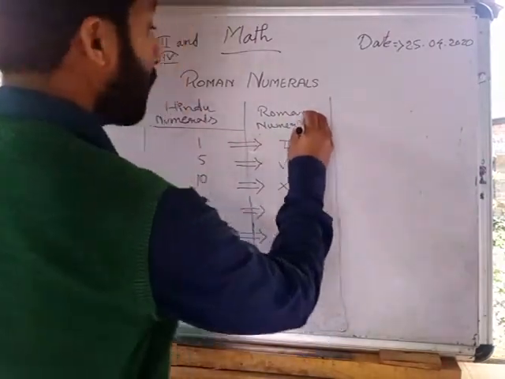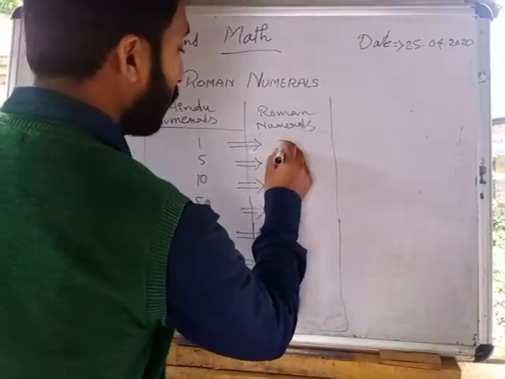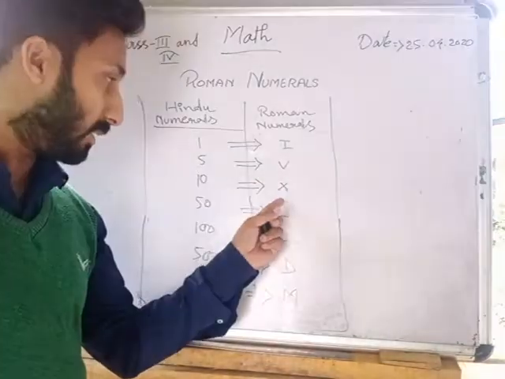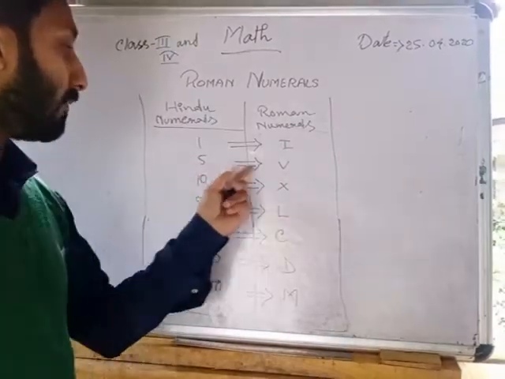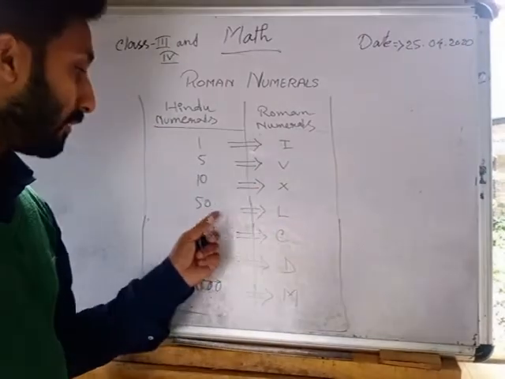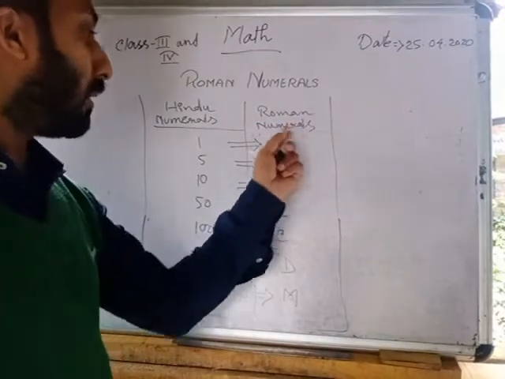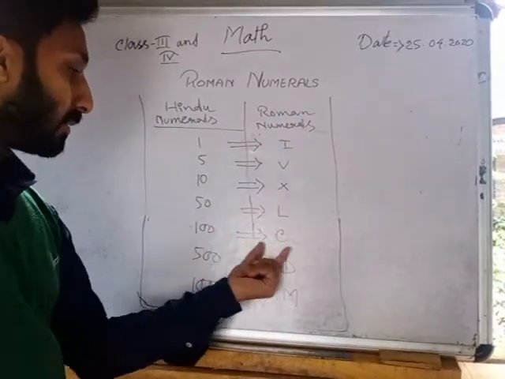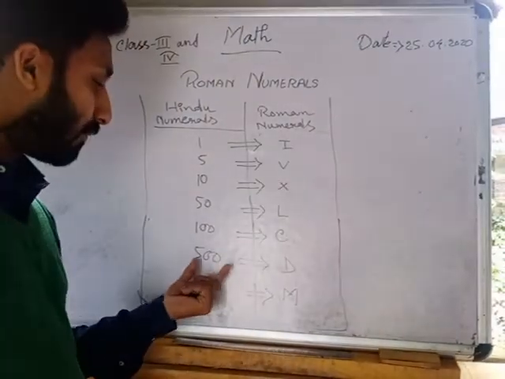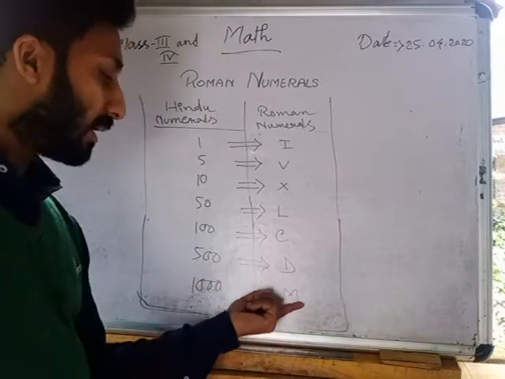When we write Roman numbers, these are the symbols: 1 is I, 5 is V, 10 is X, 50 is L, 100 is C, 500 is D, and 1000 is M.